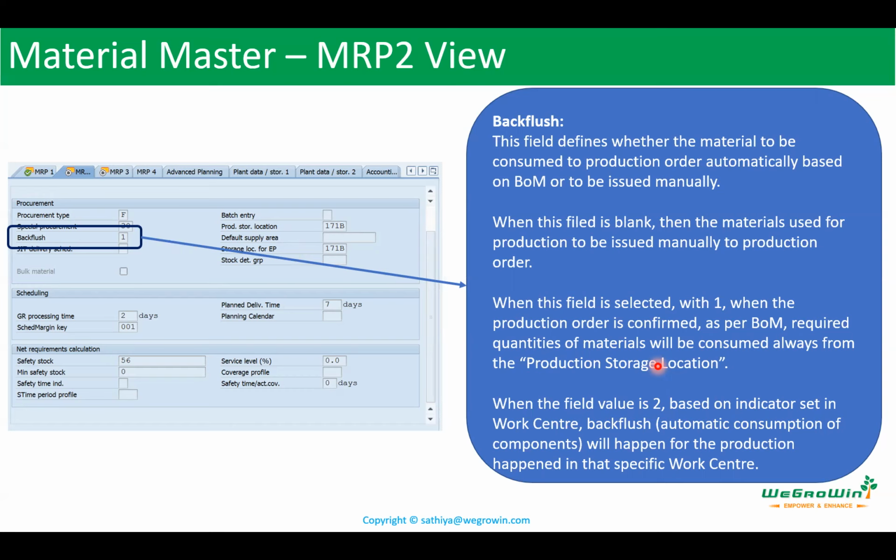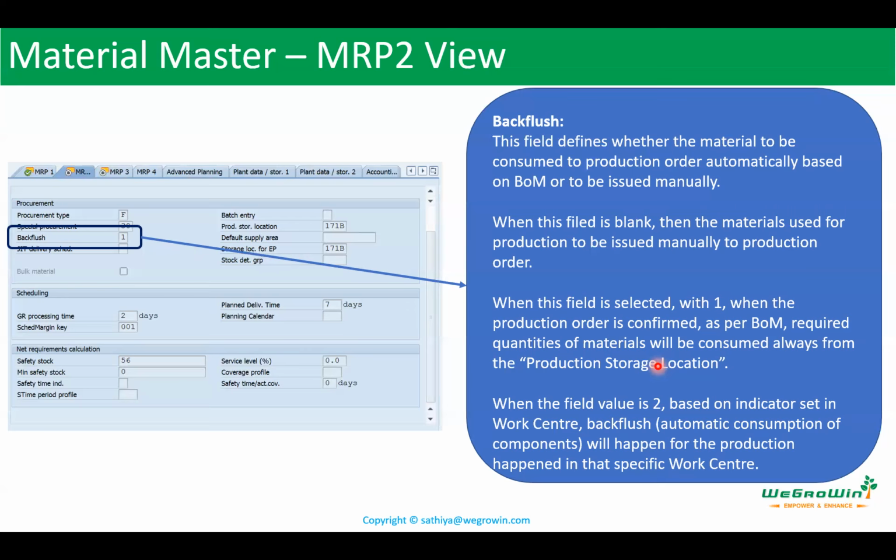Because sometimes if I go with backflush, there may be fluctuation in my consumption. I want to control the consumption, so I want to give manual consumption there. There are some productions where you cannot have consistent consumption. There may be variation because of some inconsistent process or because of the raw material input.